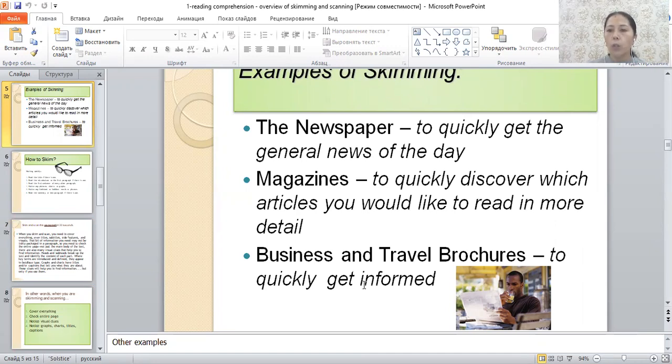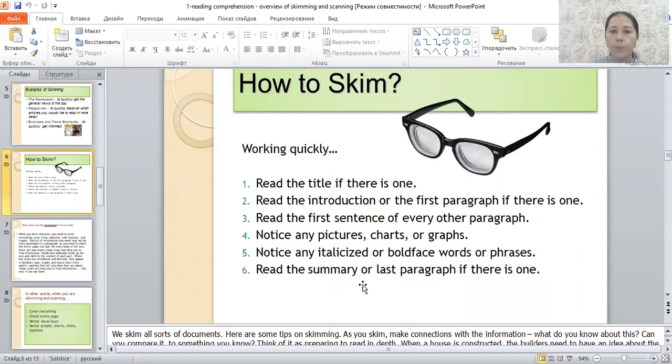You will look at the titles and some bold words, and if it attracts you, you can continue your reading. But the most important thing, when getting any kind of newspapers and magazines, is you should look through them, right? And these are the examples for skimming.